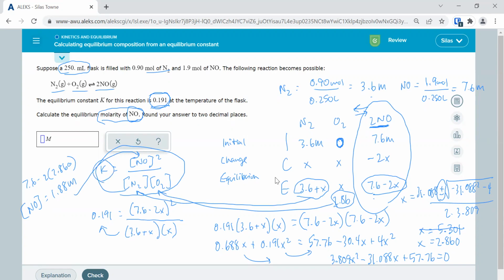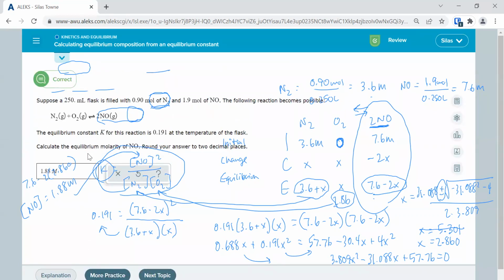You should get 0.191 if you put all those in. So you can do a little check here before you enter your answer. I'm going to go ahead and put my 1.88 molar in here. It says 2 decimal places. It's got the molar for me already. And check. There we go.